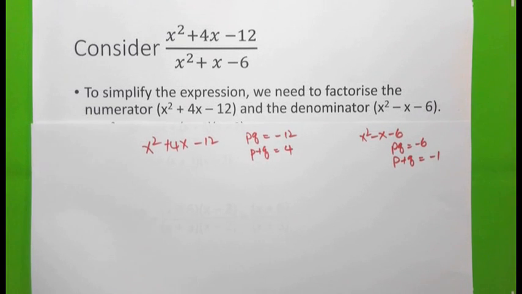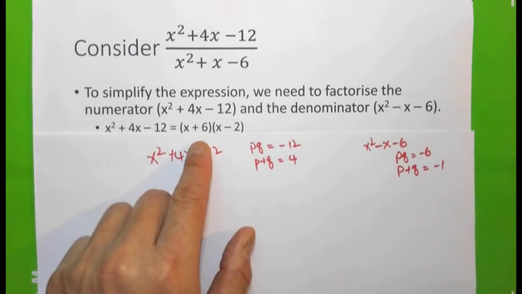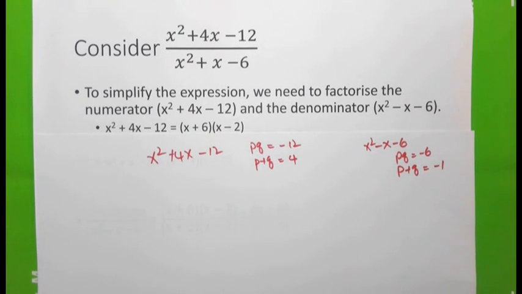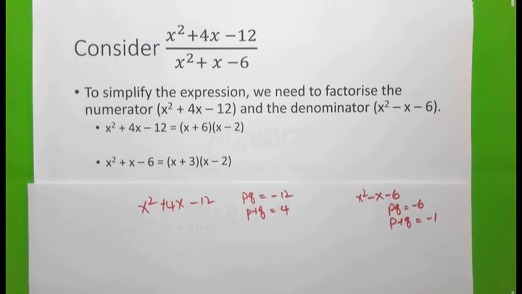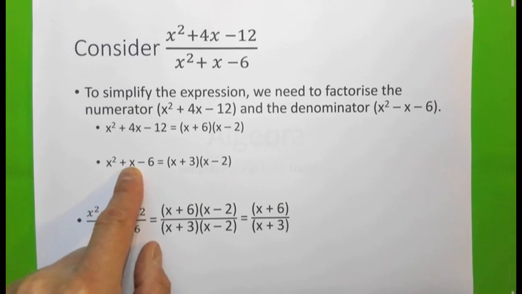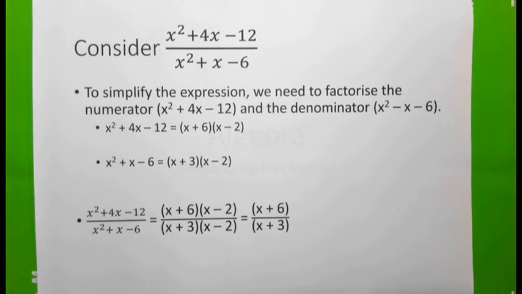Okay, from that we can work out that the factor for this expression is x plus 6 times x minus 2, and to factorize this, the binomial product is x plus 3 and x minus 2.